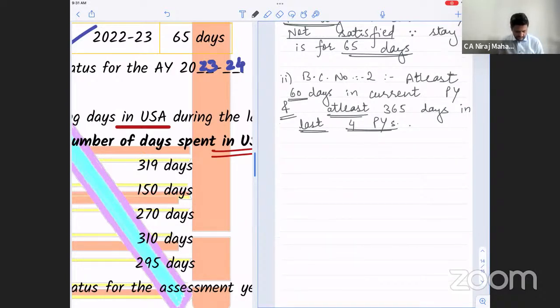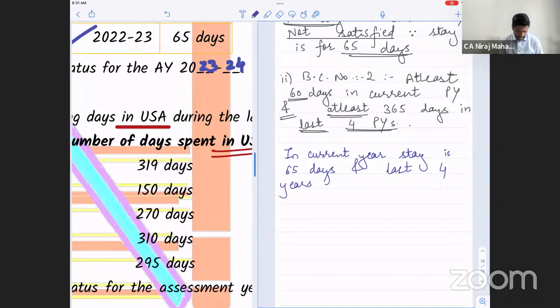Tell me. Next line. In current year, stay is 65 days. And last 4 years. Now check.